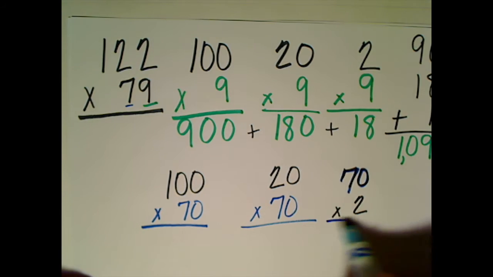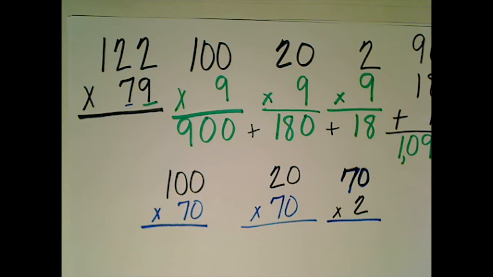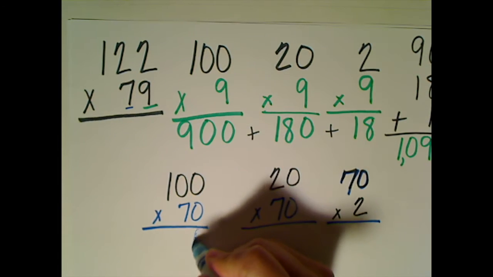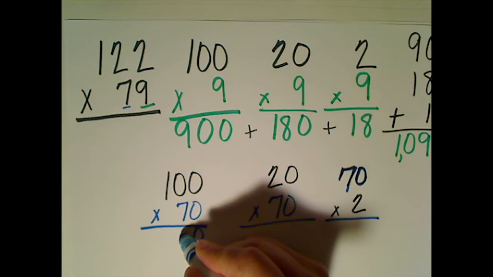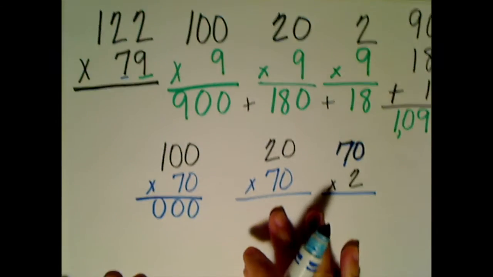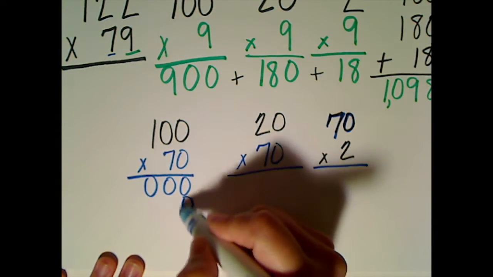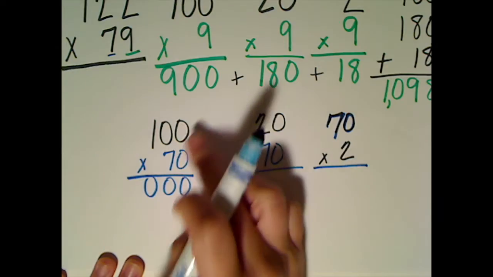Okay, guys? So now, 0 times 0 is 0, 0 times 0 is 0, and 1 times 0 is 0. 0. We're putting that, because we're doing the tens place now.